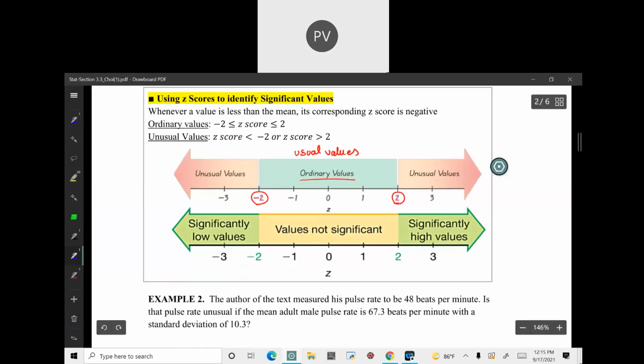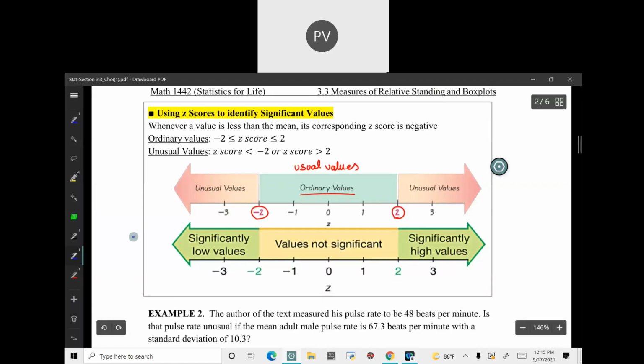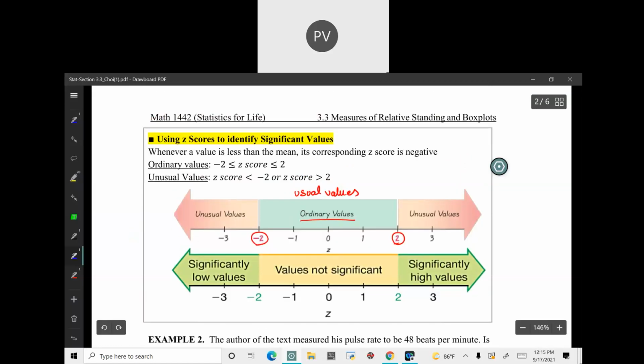Okay. Now, if I have a value something like -3.2, that lies below -2. So I call that as unusual low value. Okay. So ordinary values or usual values, the range will be between -2 to +2, whereas for unusual values, the range will be greater than +2 and less than -2.